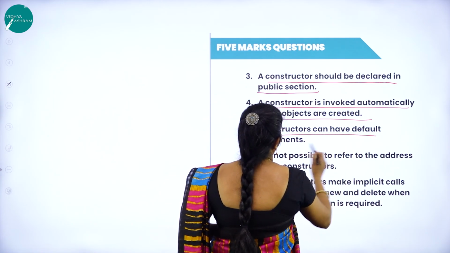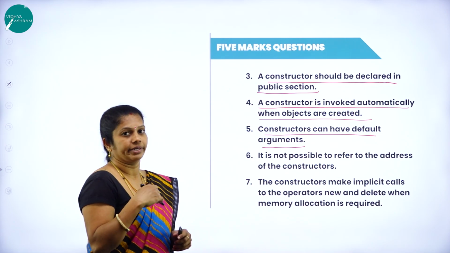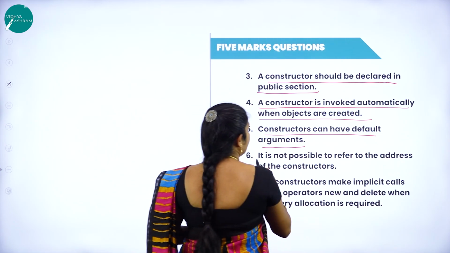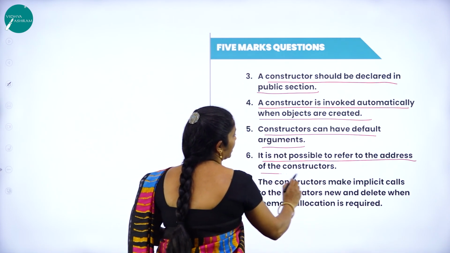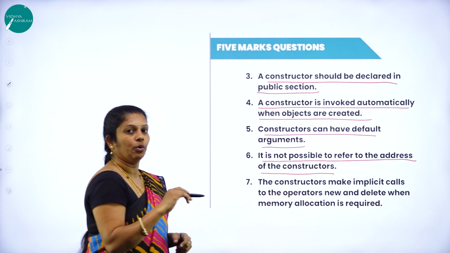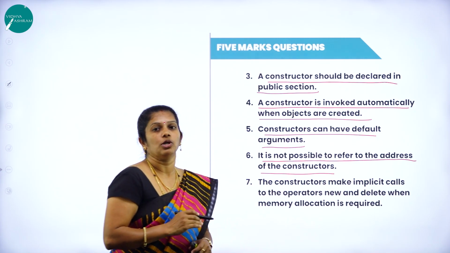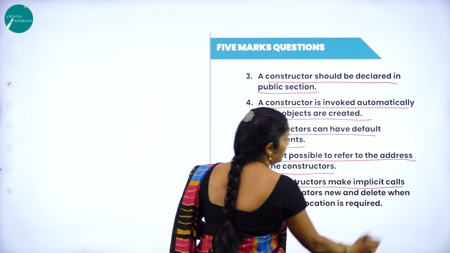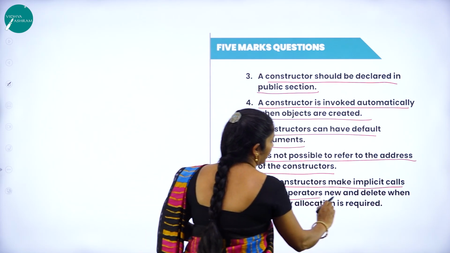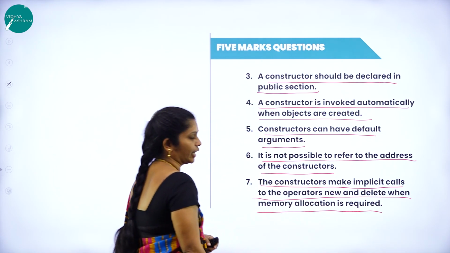Constructors can have default arguments. It may contain arguments or it may not contain arguments also. It is not possible to refer to the address of the constructor in memory, exactly at which place the constructor is present. That is not possible to identify here. The constructor makes implicit calls to the operators new and delete when memory allocation is required.